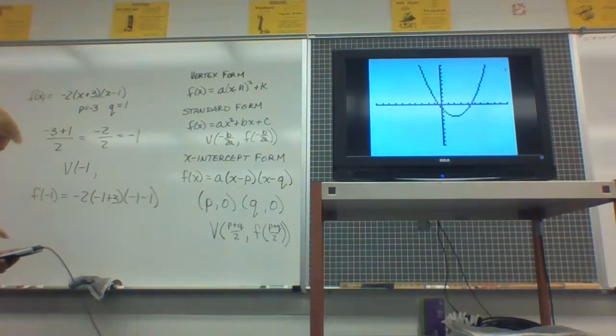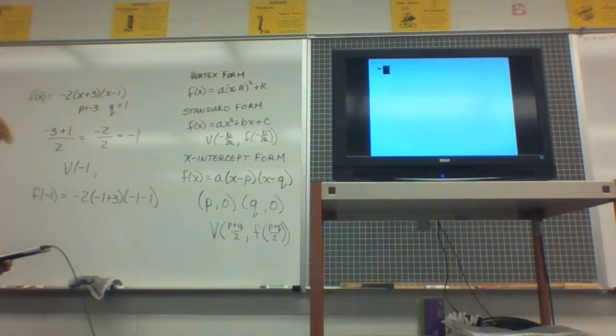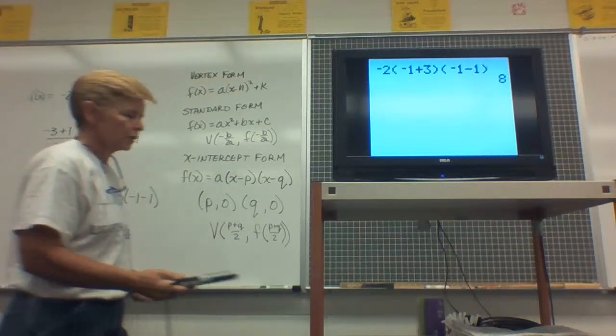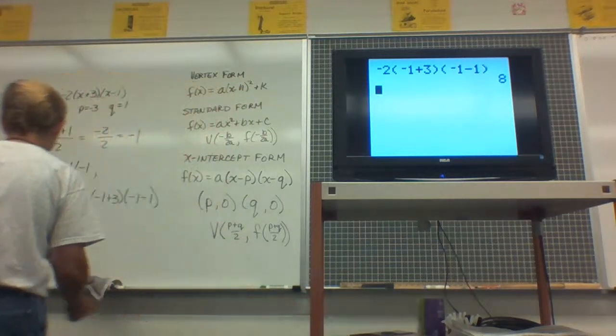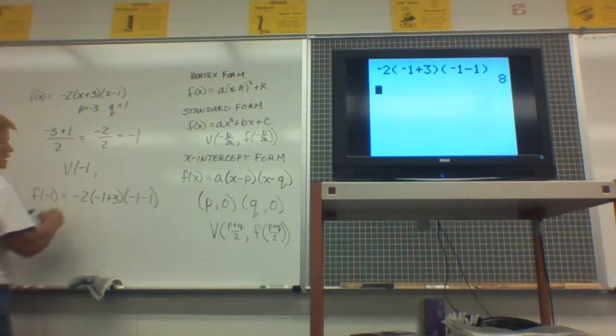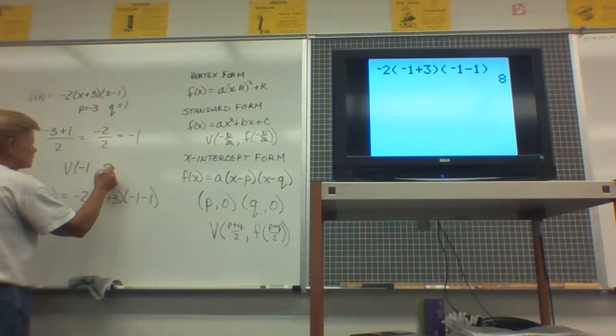You go like this: -2, parenthesis, -1, plus 3, close it, open another one, -1, minus 1. That's replacing the x with the -1 that we found. Close the parenthesis, hit enter, there's your y value, 8. So the vertex is -1, 8.